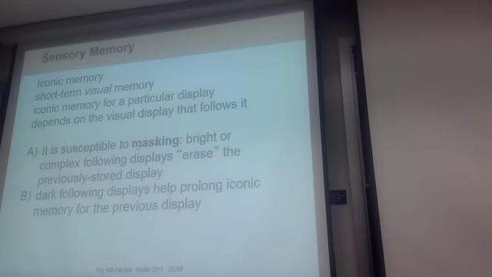We're susceptible to any type of bright or complex display coming up next pushing out that other information from your iconic memory. Whereas if you get a blank screen, especially a dark one, it'll be easier to hold on to that longer. But new visual information pushes older information out of your iconic memory. You can't hold on to too many things at once.